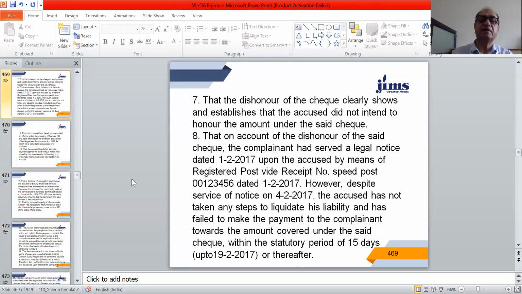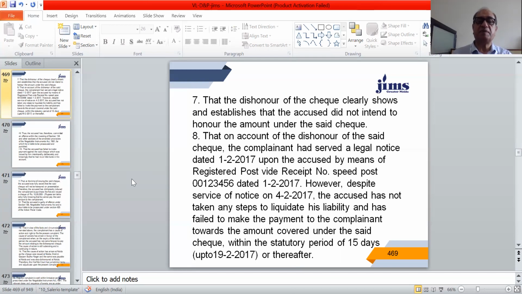Para 8. That on account of the dishonor of the said check, the complainant served a legal notice dated 1st Feb 2017 upon the accused by registered post, by speed post receipt number 123456, dated 1st Feb 2017.